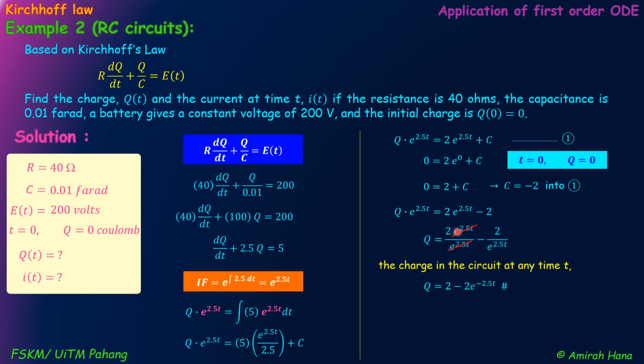So our q equals to 2 minus 2. In the denominator here, we have e to the power of 2.5t. So under properties of indices, we can move it up. After we move up, it becomes multiplication by e to the power of negative 2.5t. So this is our charge in the circuit at any time t, which is q. Okay? The symbol for charge is q. So our q equals to 2 minus 2e to the power of negative 2.5t. Right?